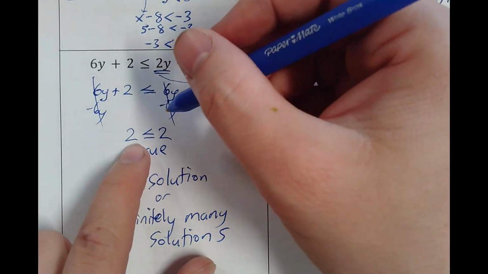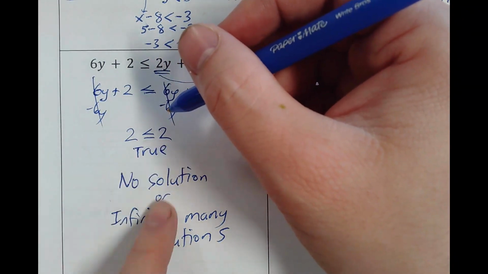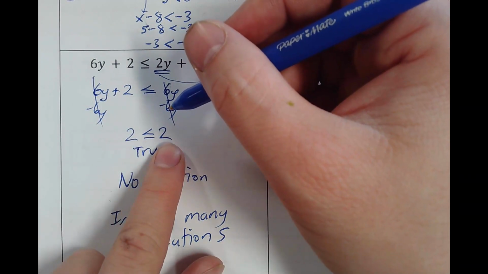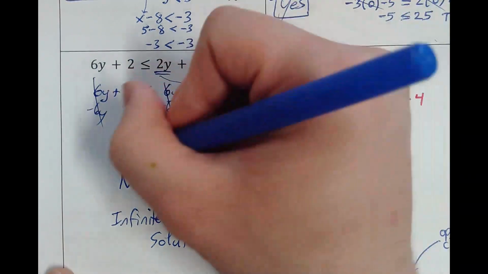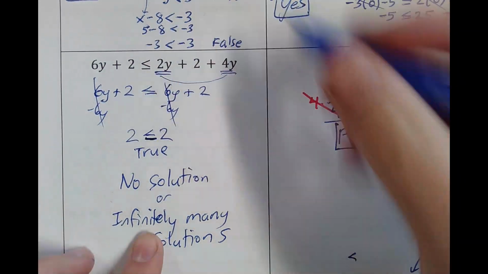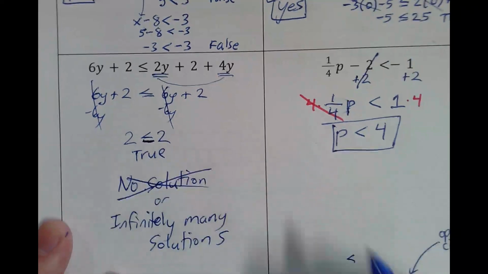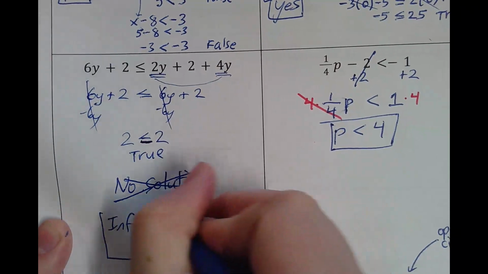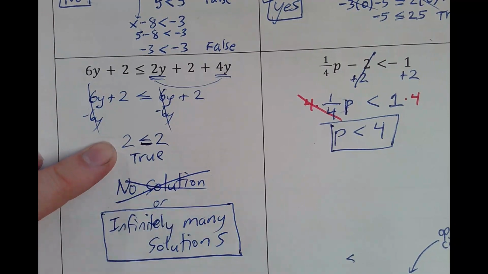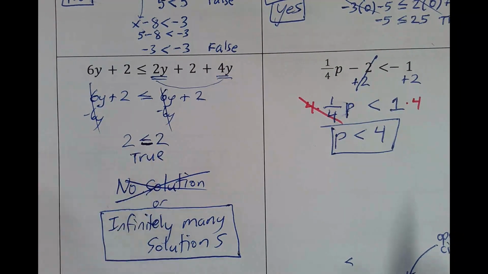Is 2 always less than 2? Or is 2 never less than or equal to 2? Look, since 2 is equal to 2, this makes it a true statement, meaning it's not no solution. The answer is infinitely many solutions because the number 2 is always less than or equal to 2.